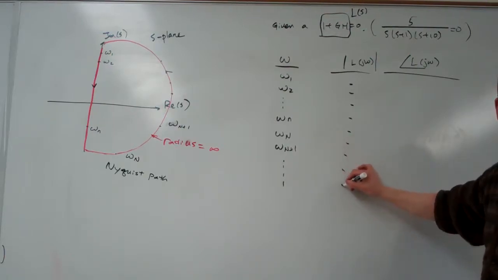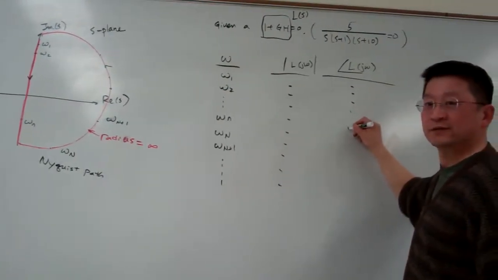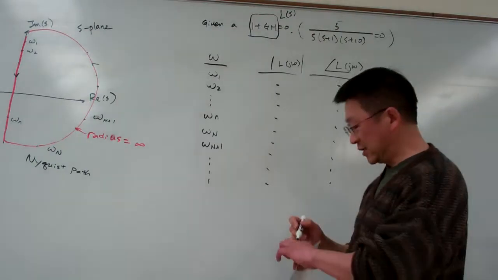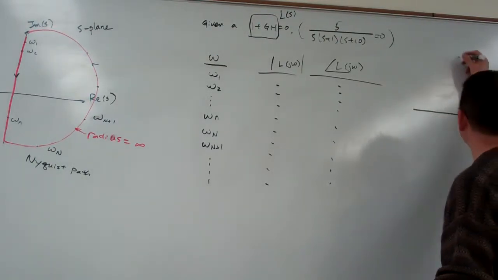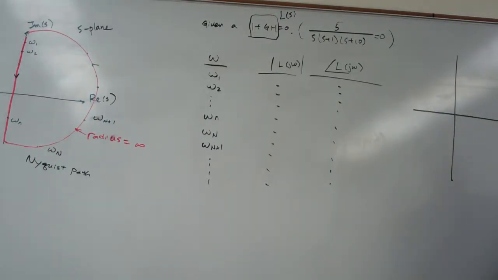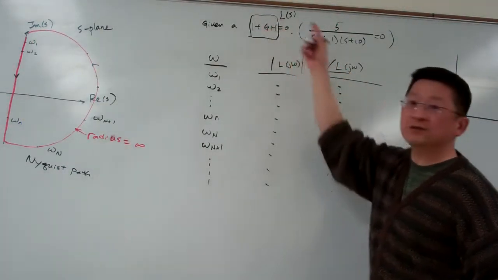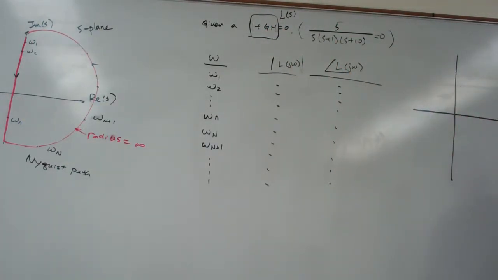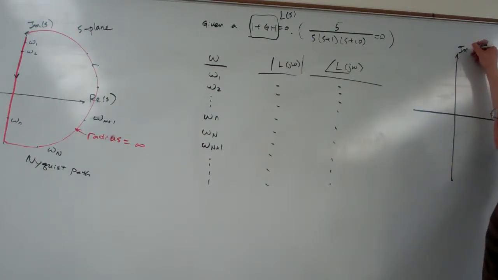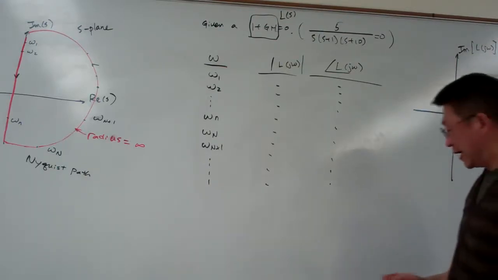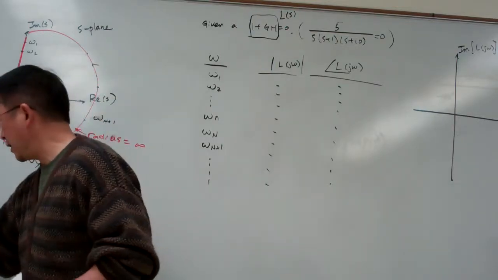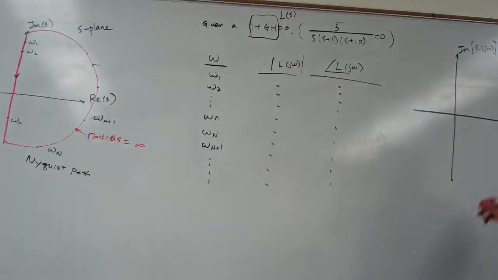So basically here, this is the real part of this particular transfer function L of j omega, and this is the imaginary part of L of j omega. Okay, so the exercise is very straightforward. And then, say, for example, omega 1 is here, omega 2, omega 3.